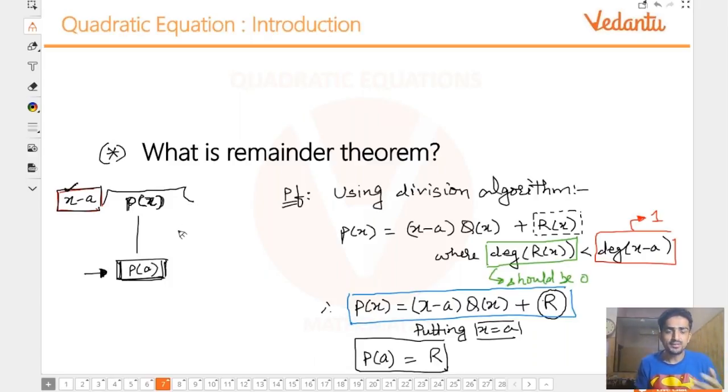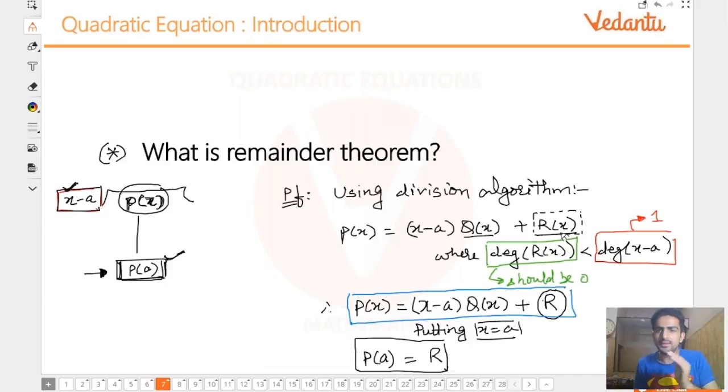Now the proof basically starts like this: we are dividing p of x by x minus a and we want to comment on the remainder. So the division algorithm was the only thing to start with. I said when I divide p of x by x minus a, I get some quotient and remainder. So I write p of x as x minus a into q of x plus r of x.